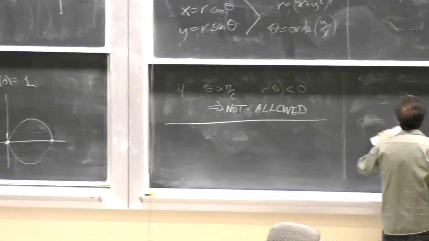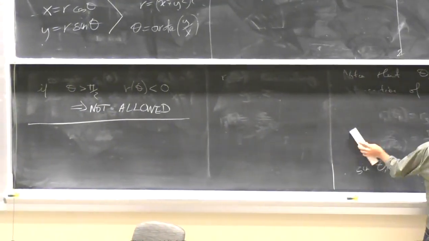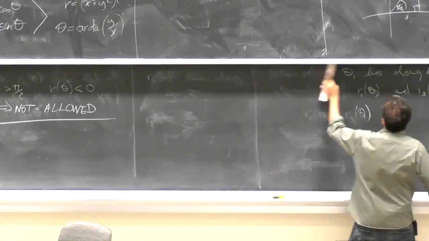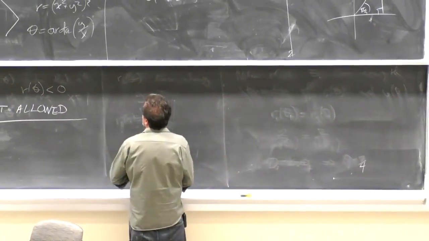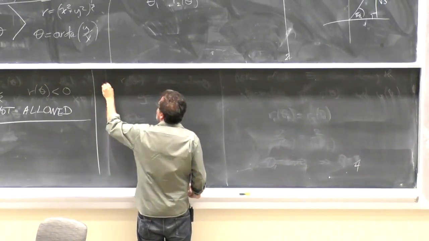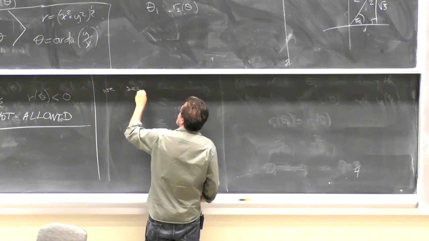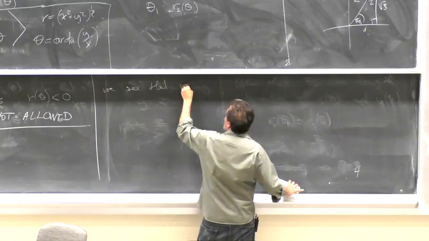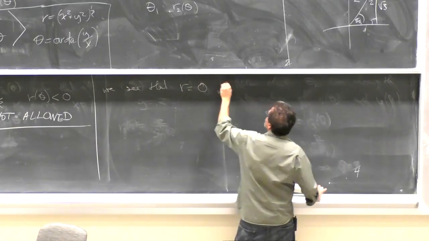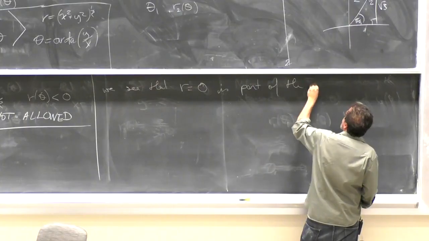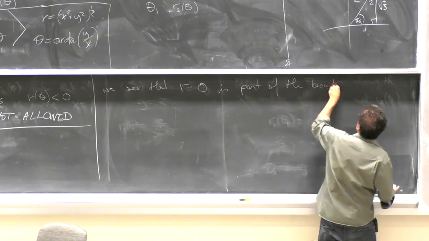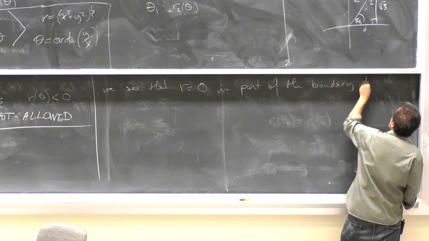So what we see now from this sketch is that r equals 0 is part of the boundary of the domain.